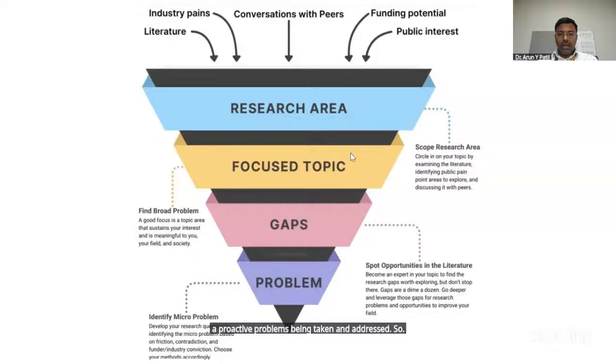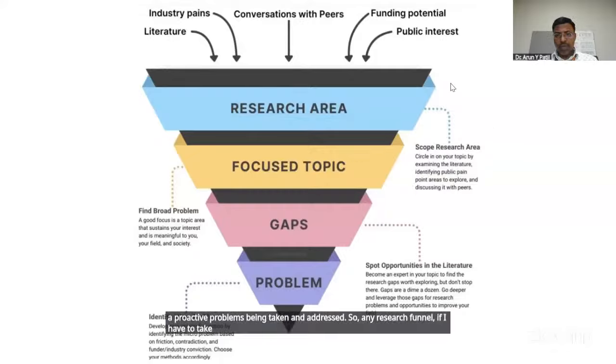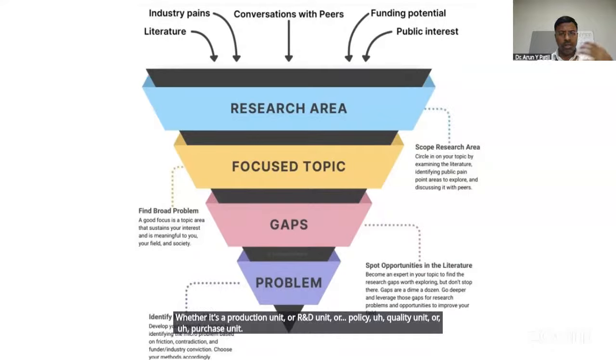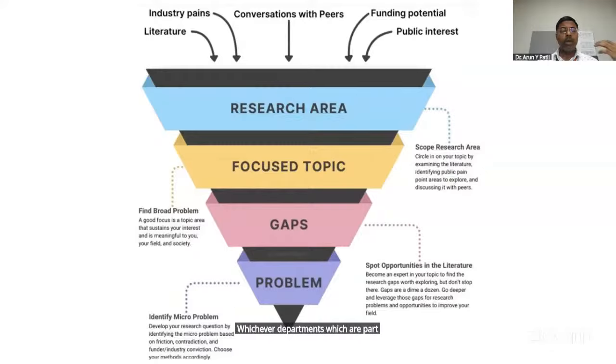For any research funnel, especially for problem identification, you have to get the research data through literature survey and through industrial pain points. Industries are going through a lot of issues, whether it's a production unit, R&D unit, quality unit, or purchase unit, whichever departments are part of the industry, they all undergo one issue or another.